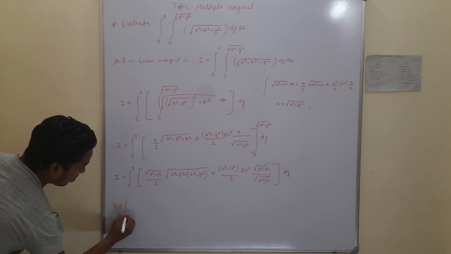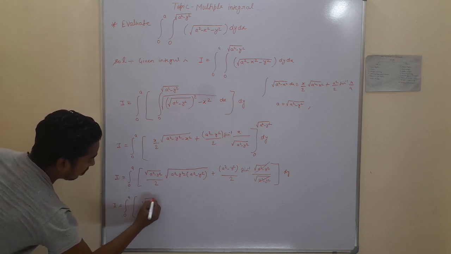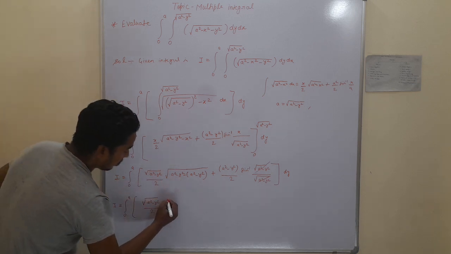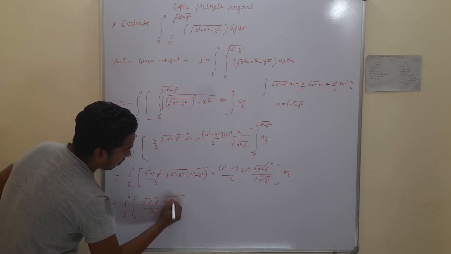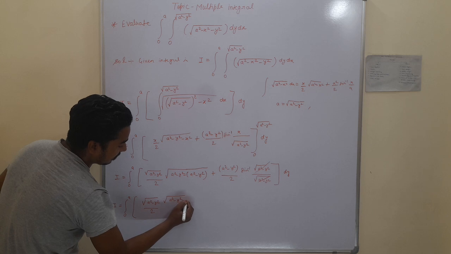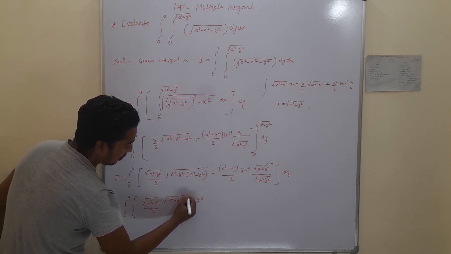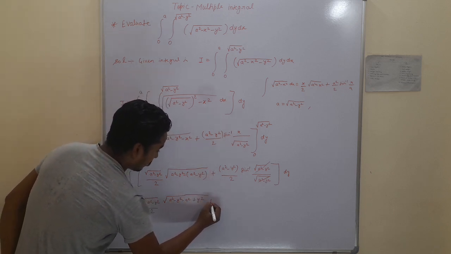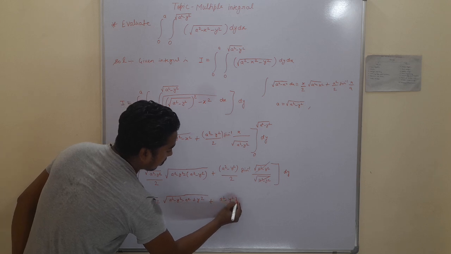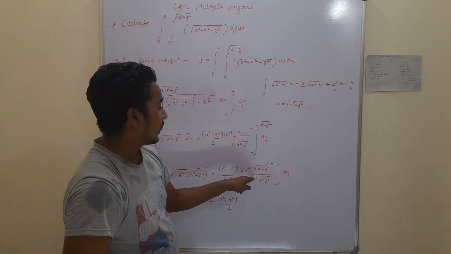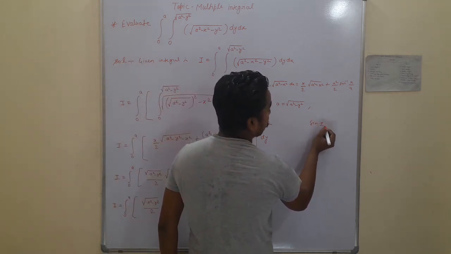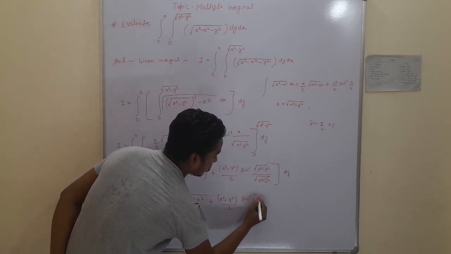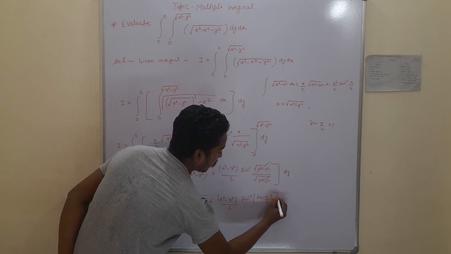I is equal to the integral with limits 0 to a, and here we solve square root of a squared minus y squared upon 2, and from here we solve square root of a squared minus y squared and multiply minus with this bracket, this gives minus a squared plus y squared, and here is plus a squared minus y squared upon 2, and here is 1, and we know that the value of sine pi by 2 is 1, so in place of 1 we write sine inverse of sine pi by 2, and whole dy.